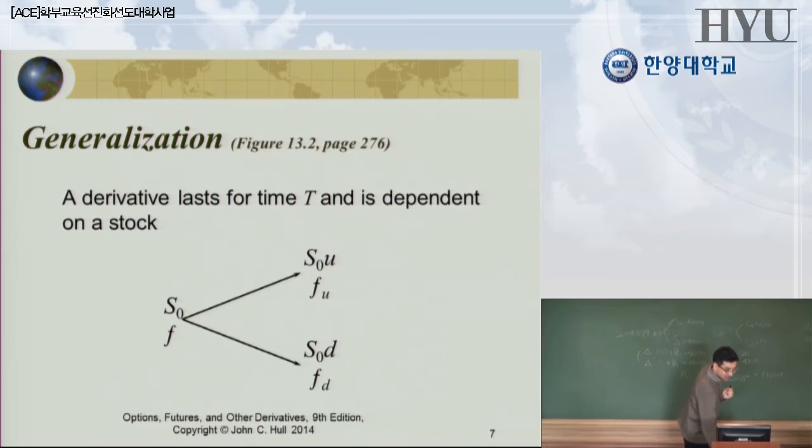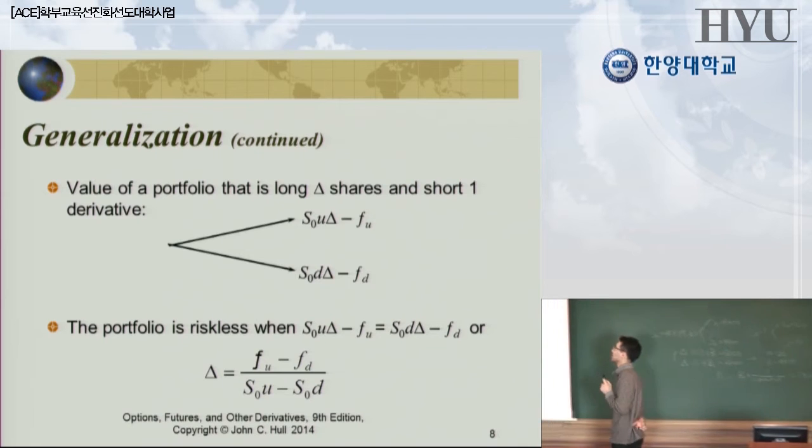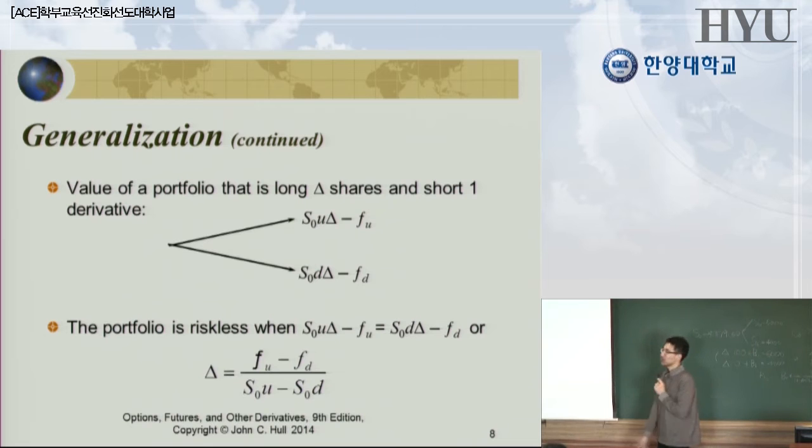So in order to create or replicate a risk-free asset, suppose we buy delta shares and short 1 unit of derivative. Okay? Then, because we have delta shares, our position on the stock is S0U delta. And because we have one short position of derivative, it is minus FU.